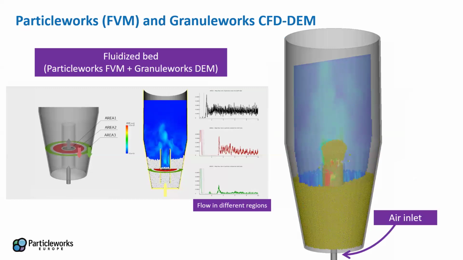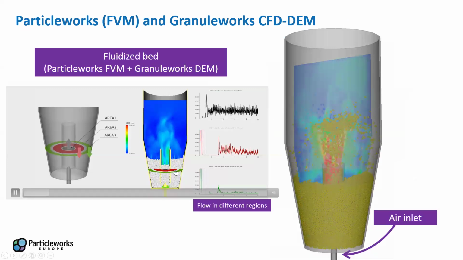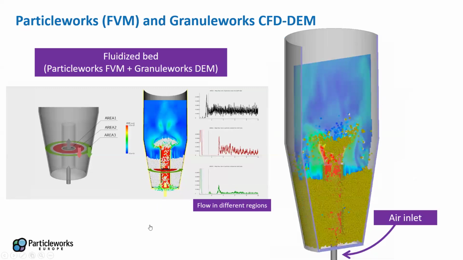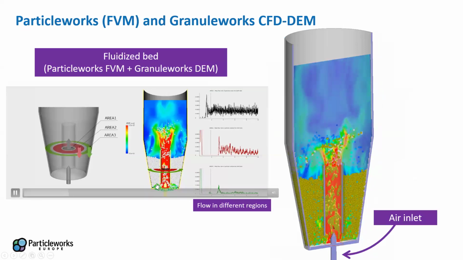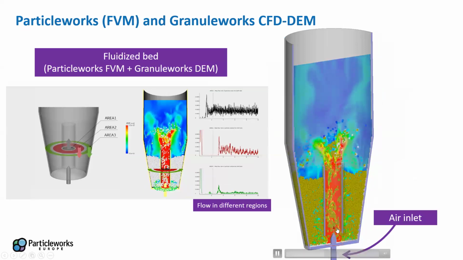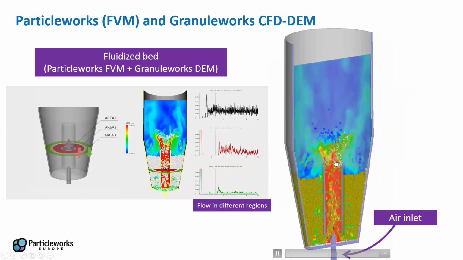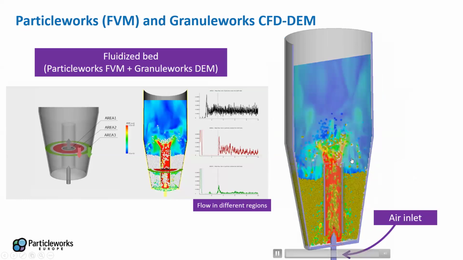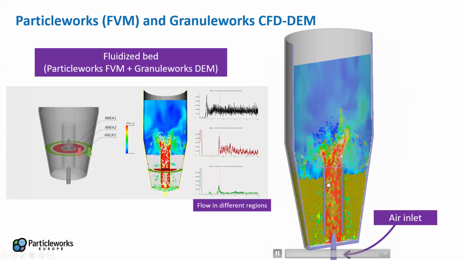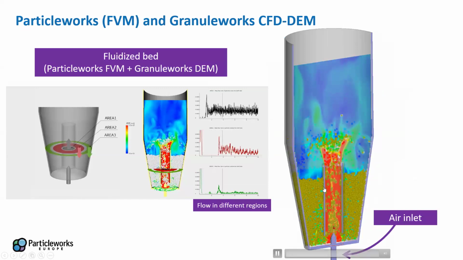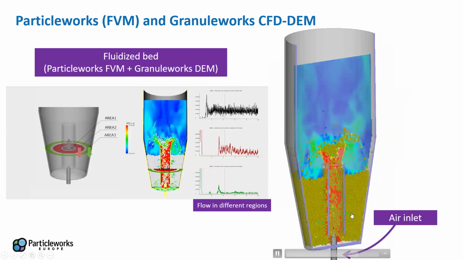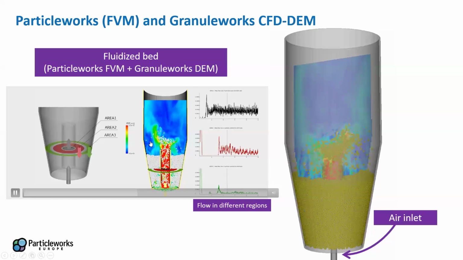The airflow system and solver is also very important for a fluidized bed system. So you can see here at the bottom we have an air inlet, and then the fluidized bed particles that need to be moved and recirculated.